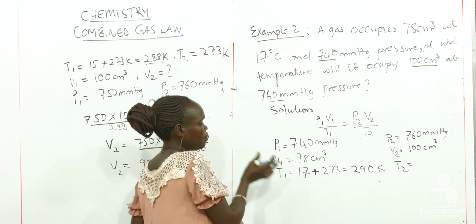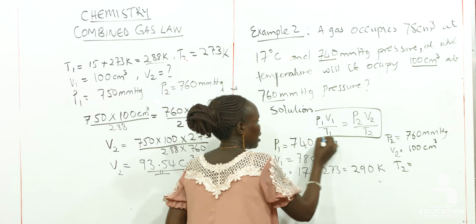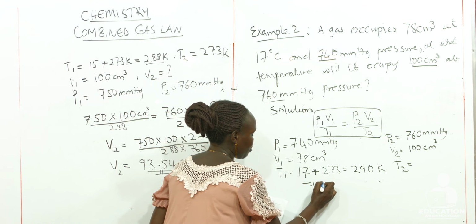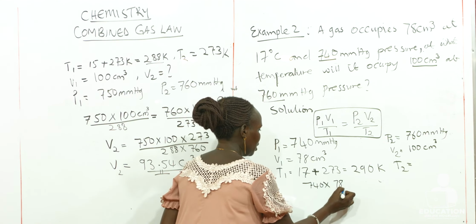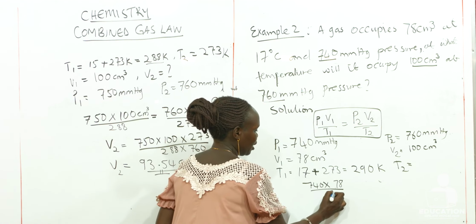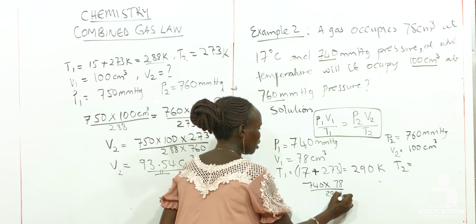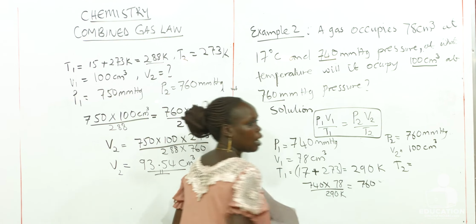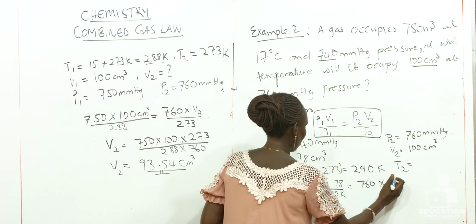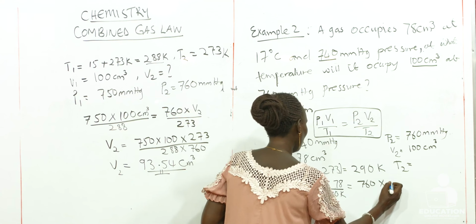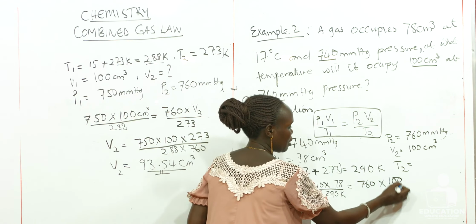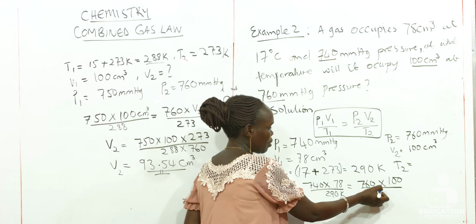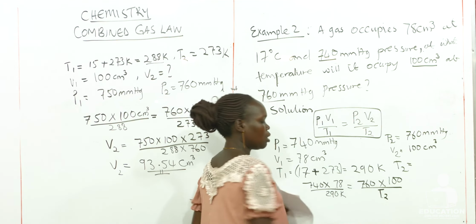So we have to put these values into the formula. We shall have pressure 1 is 740 multiplied by volume 1 is 78 centimeter cube, divided by temperature 1 is 290 Kelvin, which is equal to pressure 2 is 760, multiplied by volume 2, which is 100 centimeter cube, divided by temperature 2, which is the one that is unknown.